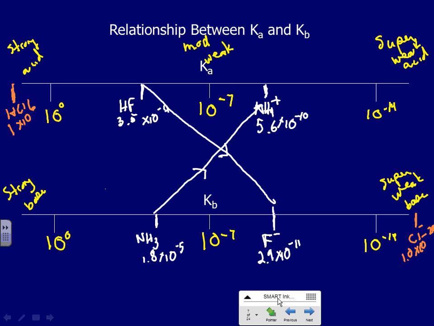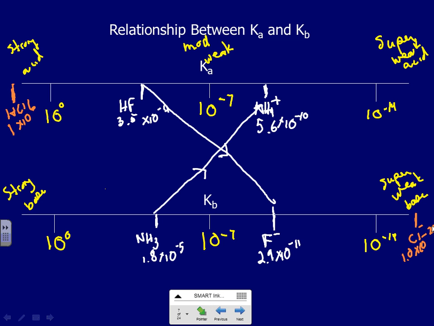How would you describe the chloride as being a base? Terrible. It is like the weakest, wimpiest thing ever at being a base. If we relate it back to our game of taking the H's, chloride absolutely sucks. You put chloride in a solution, and it's not going to take an H plus from anything.